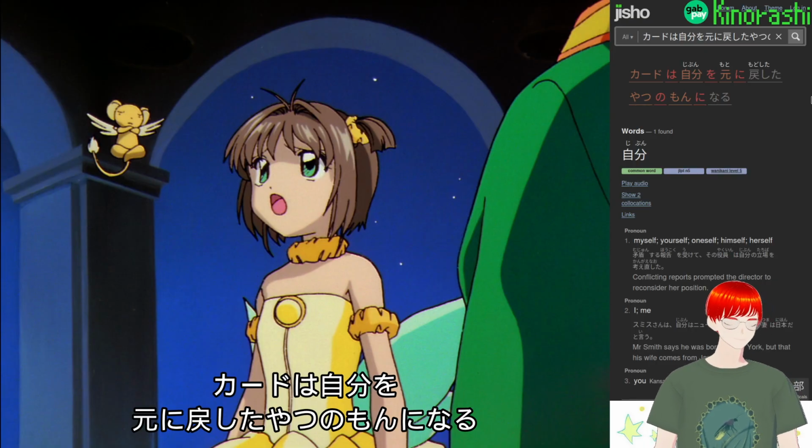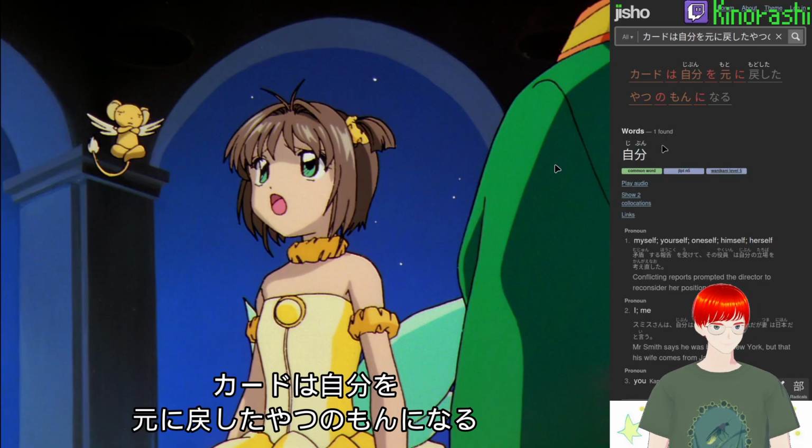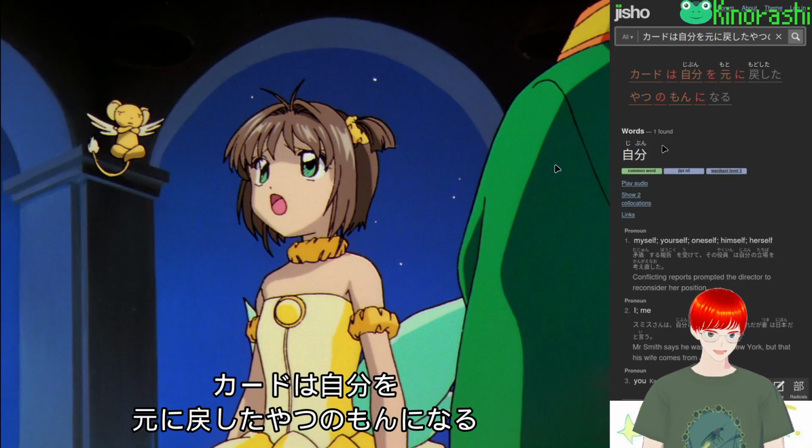So the phrase jibun wo moto ni modoshita modifies the noun yatsu in a Japanese clause. Jibun, reflexive pronoun meaning myself, context dependent here referring to the speaker.